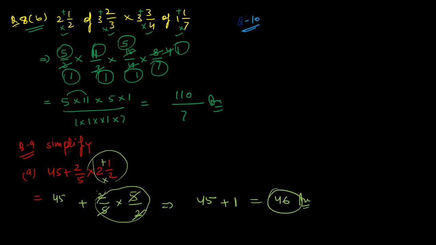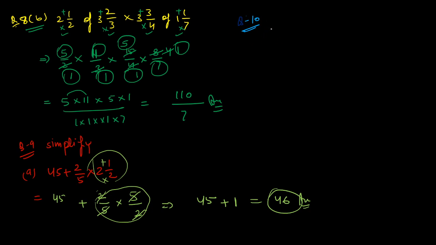What fraction of the land is planted with green vegetables? Students, you can find this question on page number 63 in your book. I'm not writing the question, but I'm writing the solution. You can watch the question from the book.